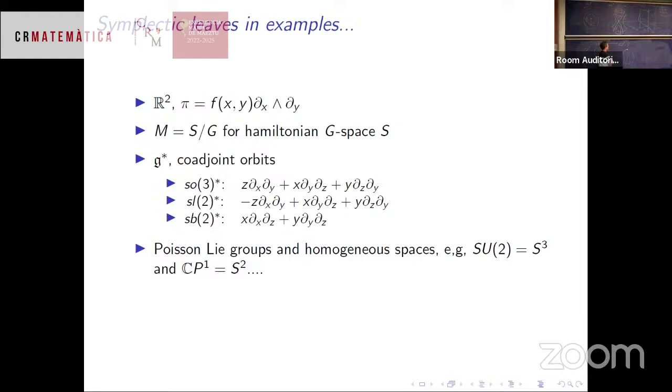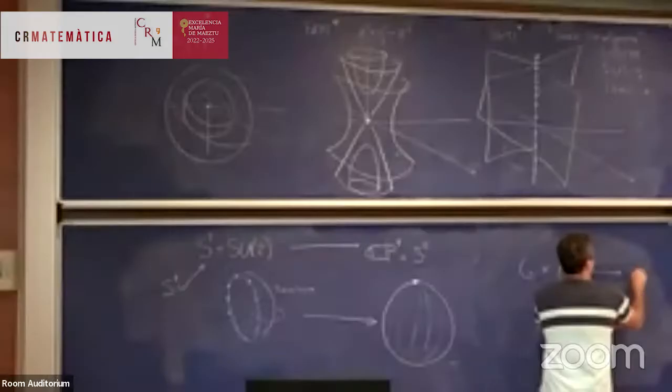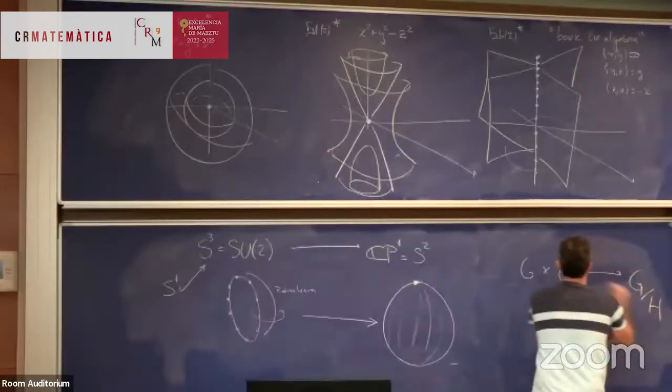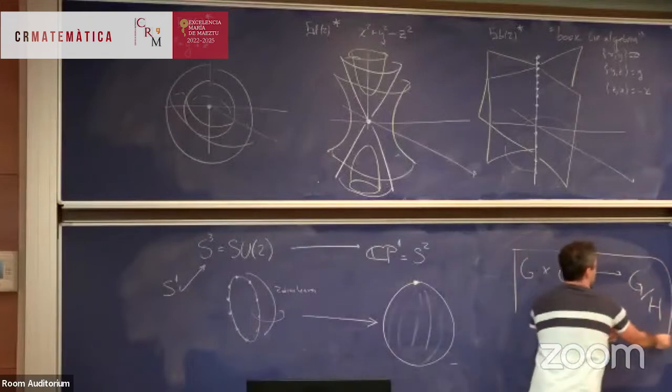So a good point is that homogeneous doesn't mean that the action preserves the Poisson bracket. It means something else. It means that this is a Poisson map.